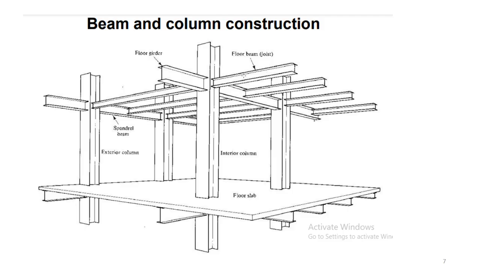These joists are supported by another beam, which has somewhat higher depth. This higher-depth beam we call the floor girder, and these floor girders support different types of joists.